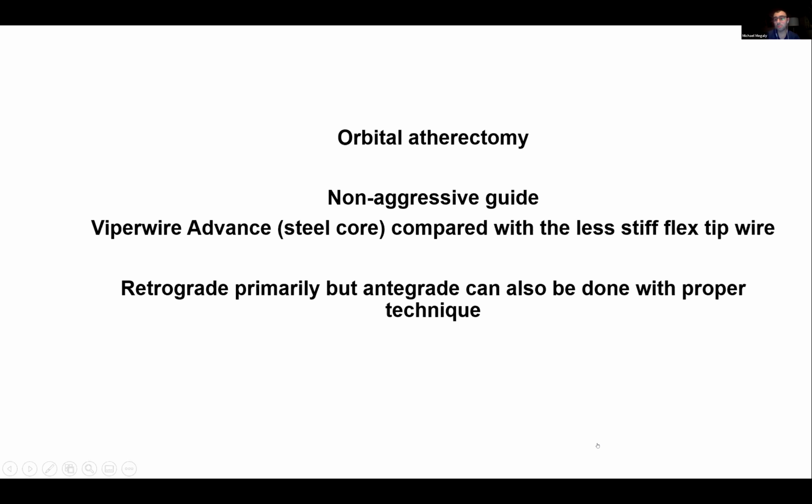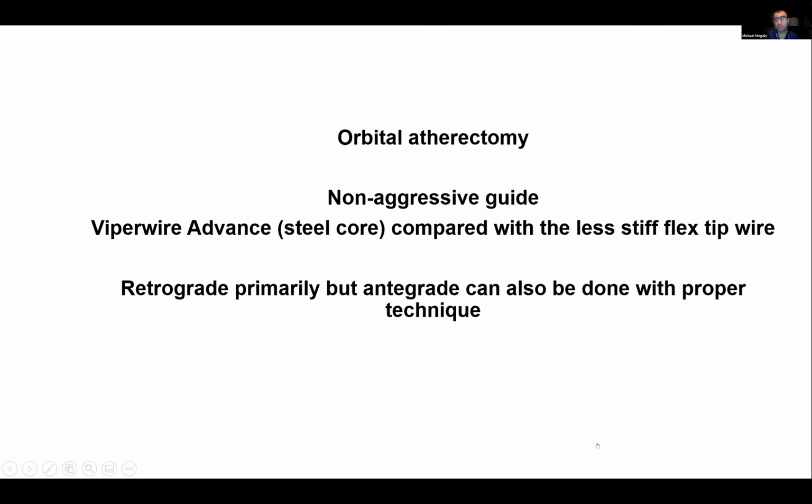If the calcification is ostial and we want to tackle that, a non-aggressive guide like the JR4 would be very reasonable. And if we're going to use orbital atherectomy for ostial disease, a ViperWire Advance, which is a steel core wire, is much better than the less stiff ViperWire Advance with Flex Tip, which is a 9-0 wire.